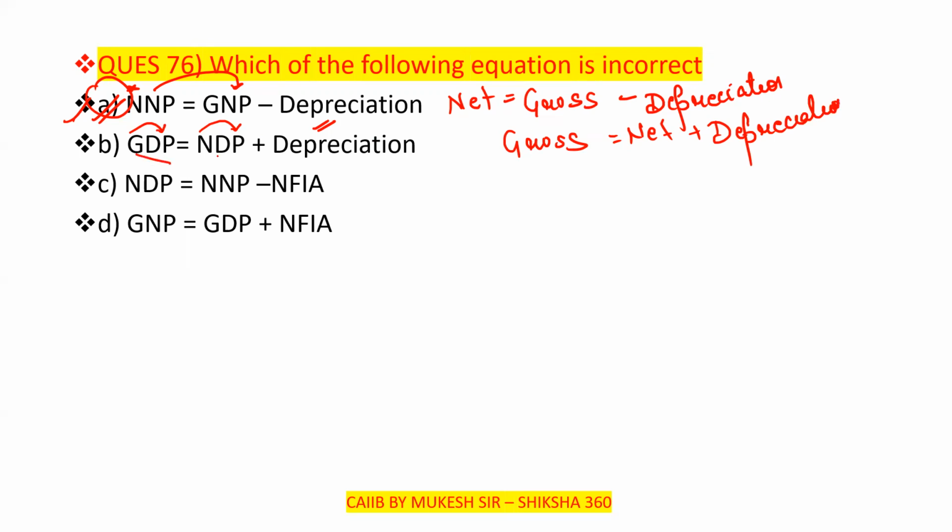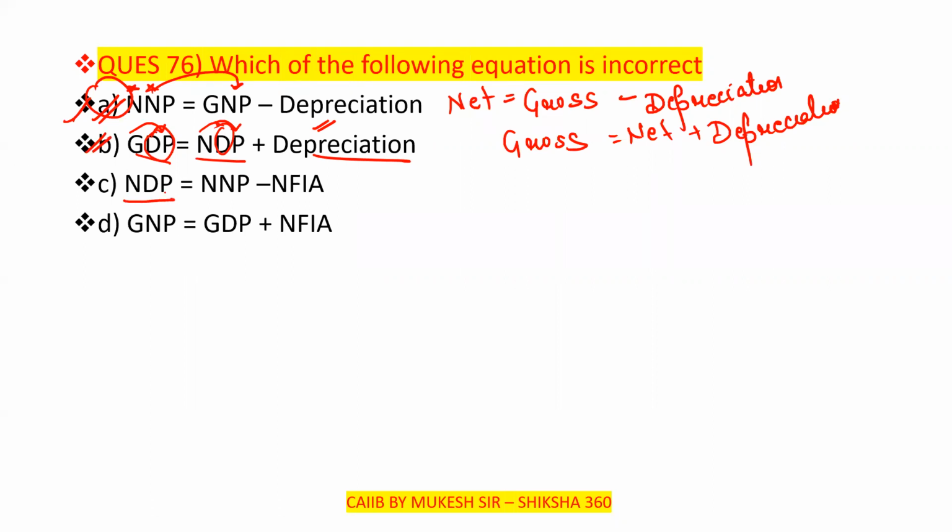If one side were national and the other domestic, that would create a difference, but here both are domestic, so it will not create any problem. So option B is also correct, and this is not the answer.